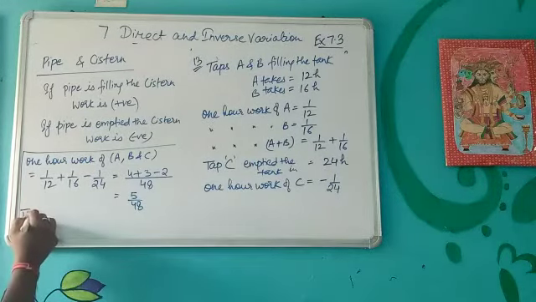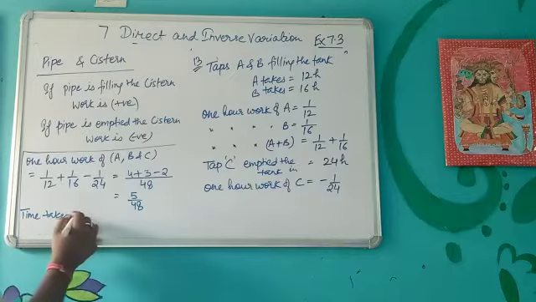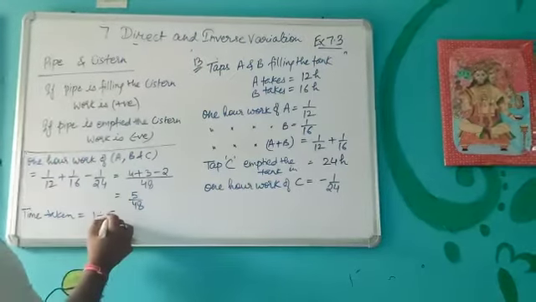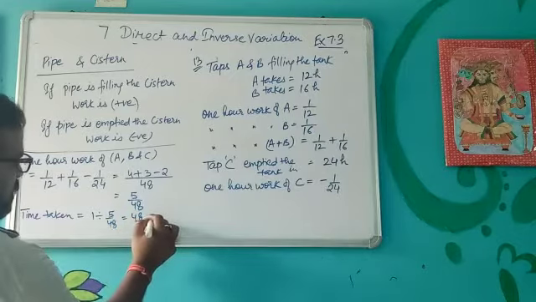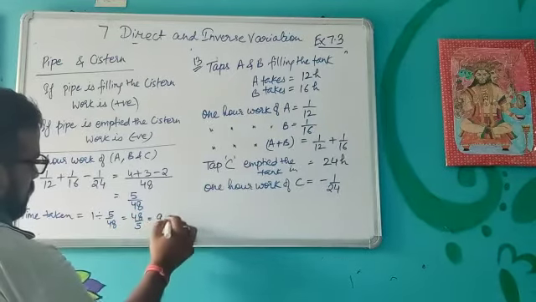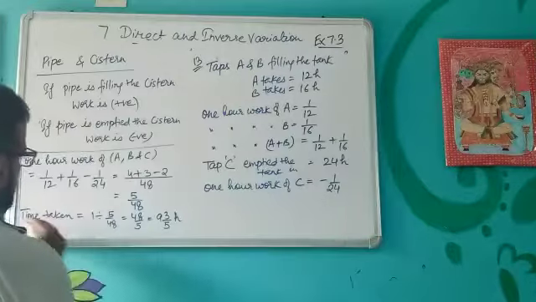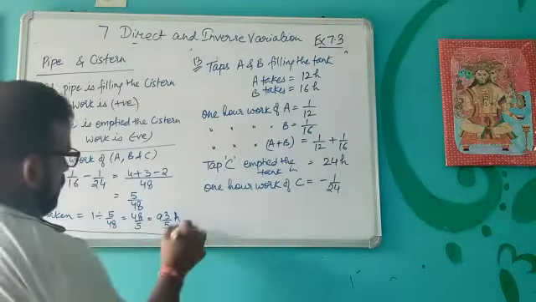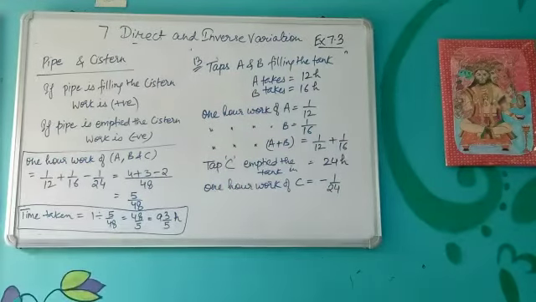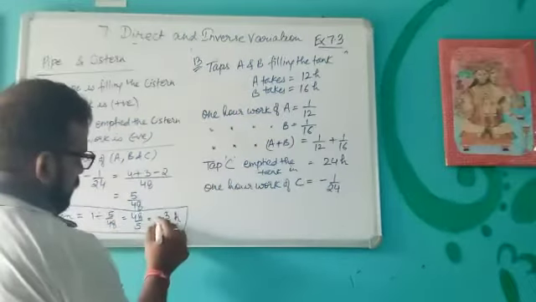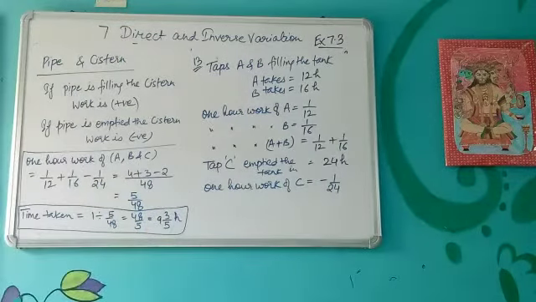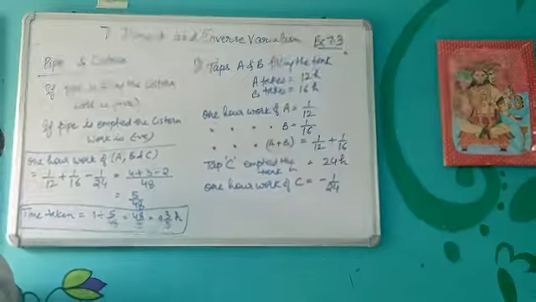So what is the time taken? Time taken will be 48 upon 5 hours. So this will be our answer. When all the three are open, this much time will be taken to fill the tank. So that's the end of this exercise 7.3. Next we will discuss speed, time and distance in exercise 7.4.